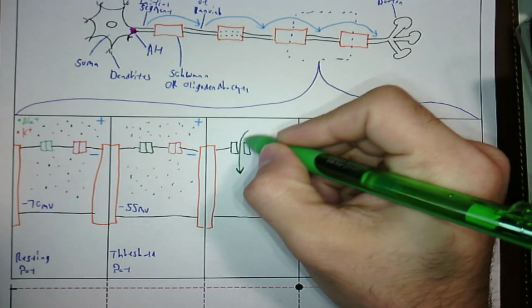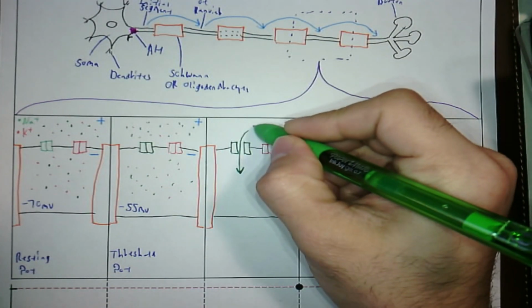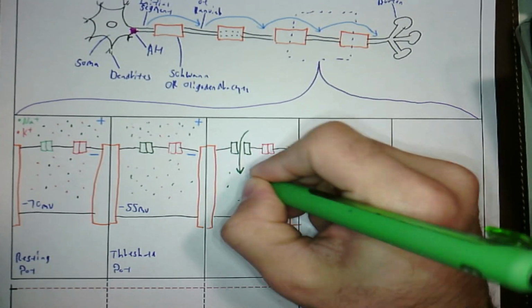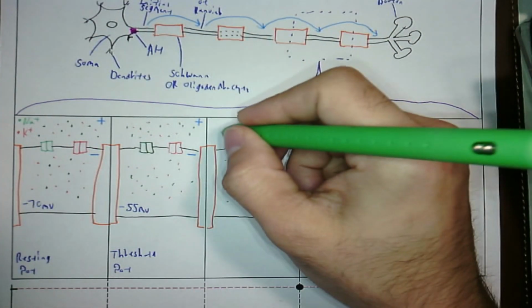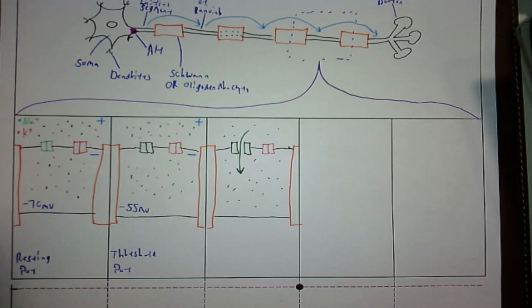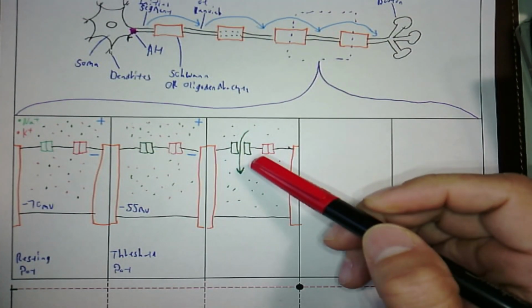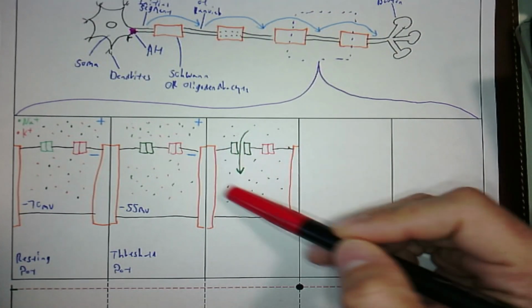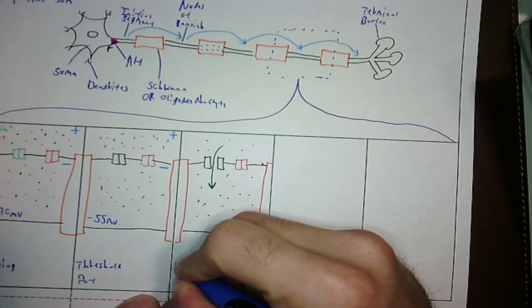But sodium is also going to be drawn because it's being pulled by this electrical gradient, because sodium is a positive ion, so it's going to be drawn to this negative space. So we get this large and quick influx of sodium going into the cell. And we still, of course, have some outside. And it's this large influx of sodium going through its sodium ion channel into the interior of the cell that's going to cause what you probably know as depolarization.